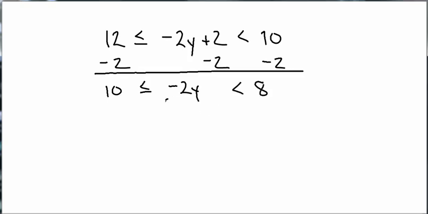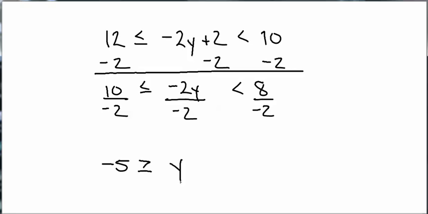Now you got to divide by negative 2, don't you? When you're dealing with inequalities and you multiply or divide by a negative, what's got to happen to your inequalities? They got to switch. So over here you get negative 5. You got to change this one. Y is in the middle. You got to change that one. And this is negative 4. Shoot, it's going to wind up working out.